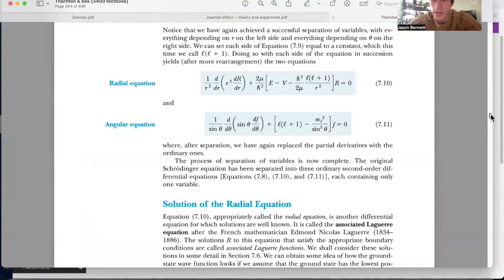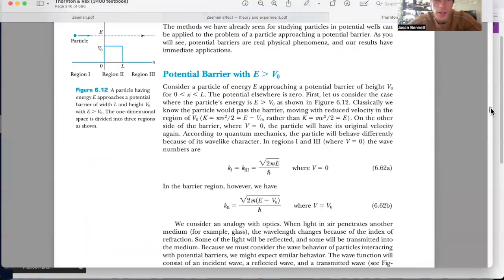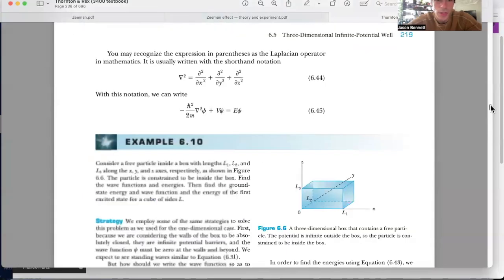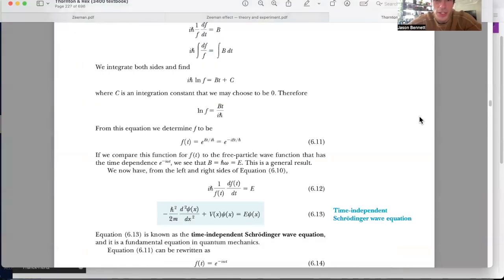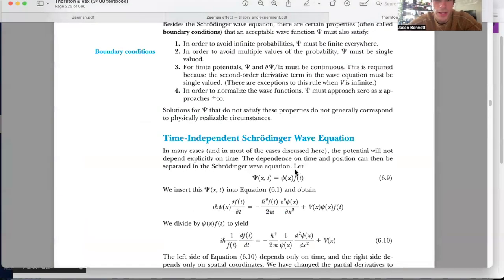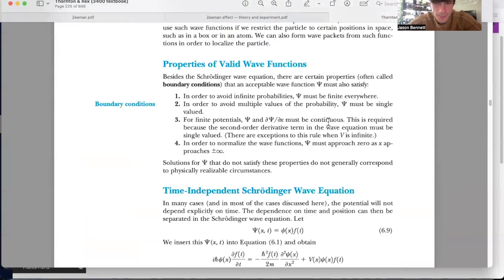Those were in, I think, chapter 6, page 206. Basically normalization, continuity, approaches zero at infinity, normalized, finite everywhere, all sorts of things like that.